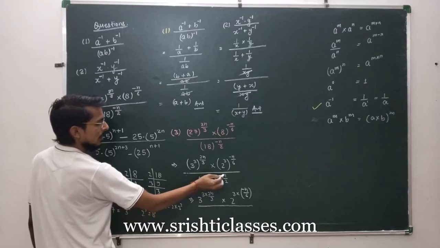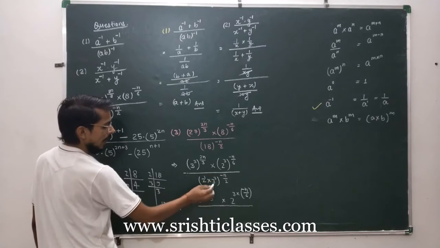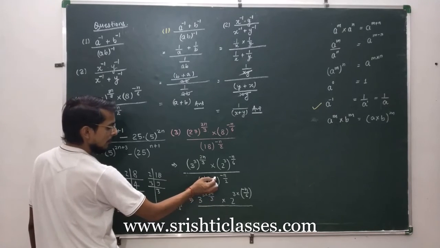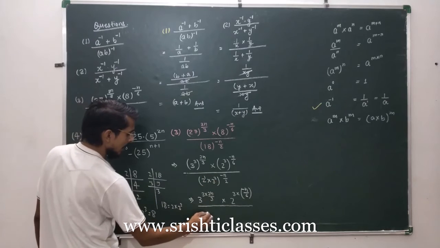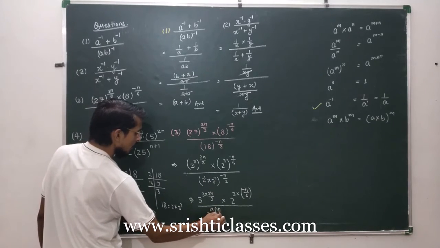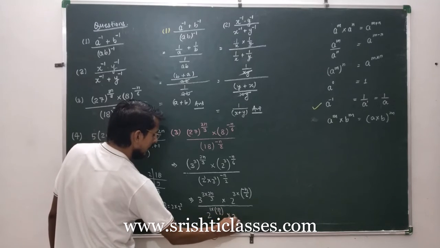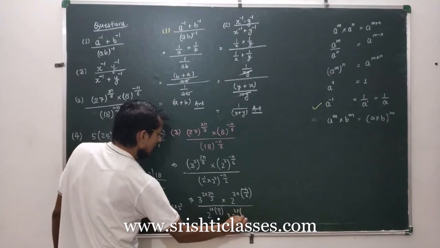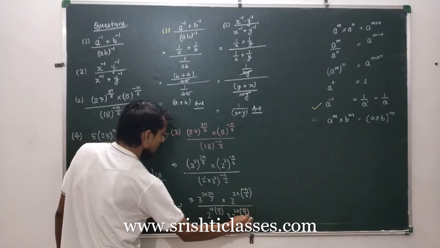So 1 will multiply with minus n by 2 and this 3 has power 2. So this will multiply with minus n by 2. So you can write it like this: 2 raised to the power 1 into minus n by 2 into 3 raised to the power 2 into minus n by 2.